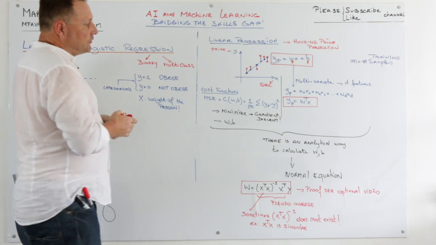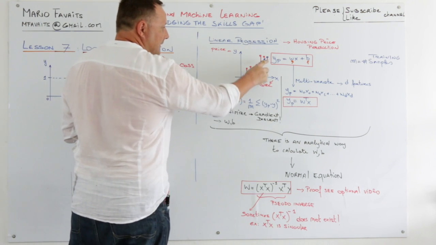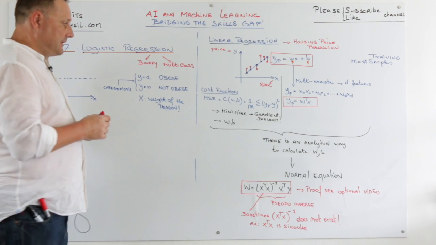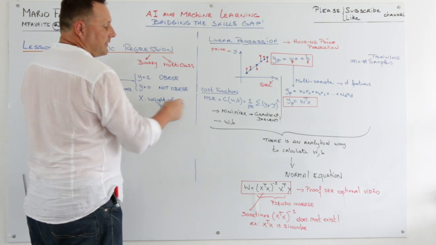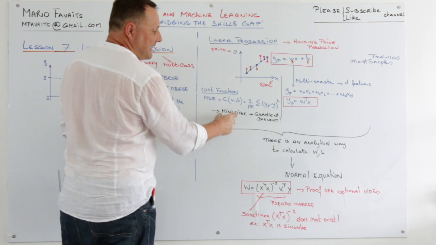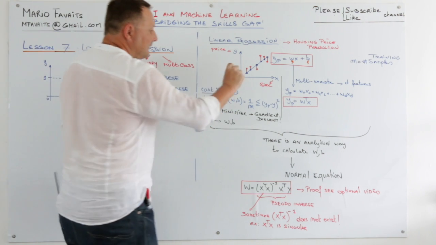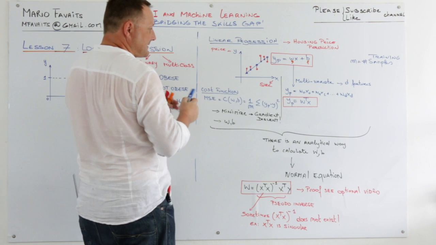In order to find the W's, we first decided on a cost function. We used mean square error, and the cost would be the sum of all these little vertical red lines.